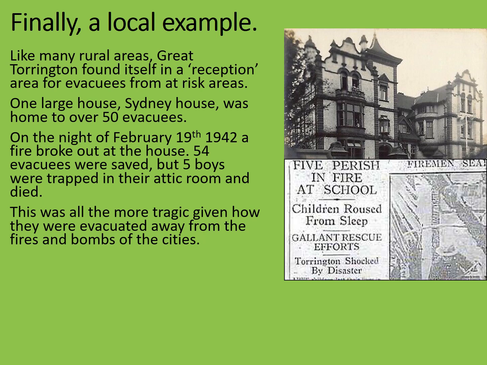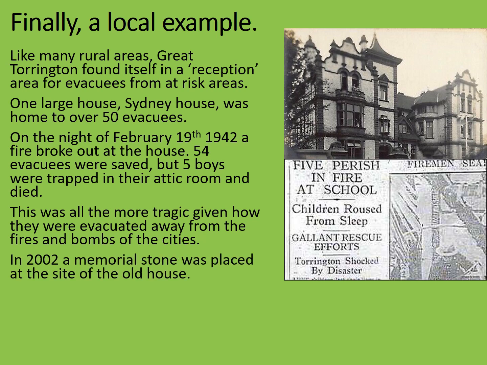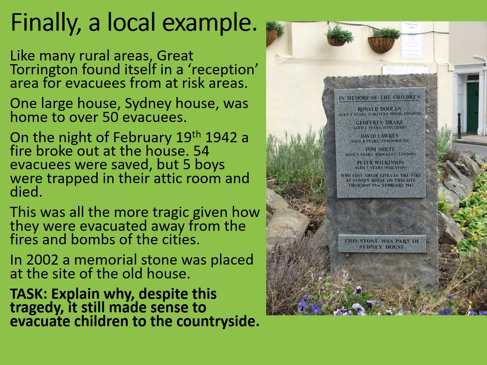This, of course, is all the more tragic given how these boys were being evacuated away from the fires and bombs of the cities, only to die in a house fire in sleepy Torrington in North Devon. In 2002, a memorial stone was placed at the site of the old house. Here we can see that stone. Ronald Doolan, aged 8 years old, Collier's Wood, London.